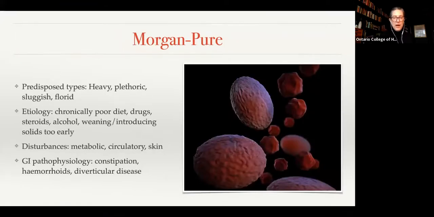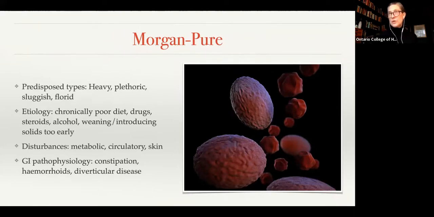Okay, Morgenpura. So Morgenpura, the predisposed types are heavy, plethoric, sluggish, florid types. The etiology is chronically poor diet, drugs, steroids, alcohol.